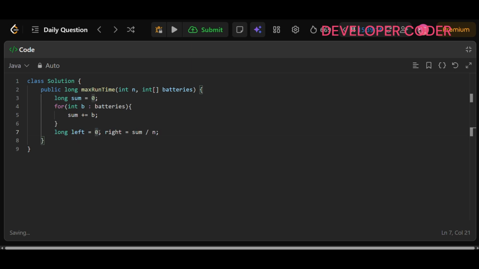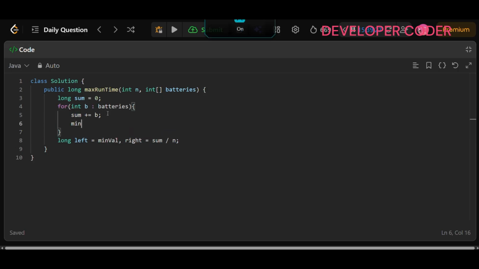But you can also take a smaller value, let's say min val, so you can check the min value side by side. If you want to start from the min value instead of zero, you can also do that. Here you update it with Math.min of min val and this b value, right?